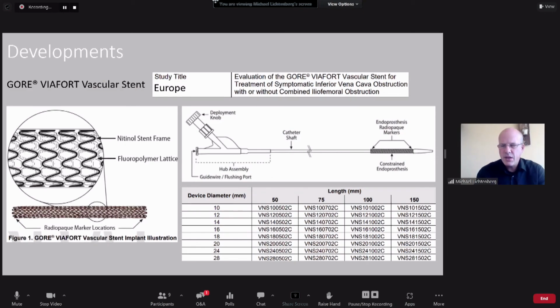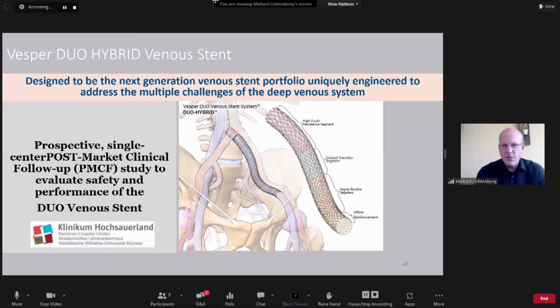This is now open for an IDE trial, which will be analyzed in Europe and US. IVC and iliac lesions will be treated within these trials. Very interesting to see. And of course, the Vesper stent, with first data to be shown next year at Charing Cross for this hybrid stent. So another very interesting option for May-Thurner with an extension part, which is very flexible.